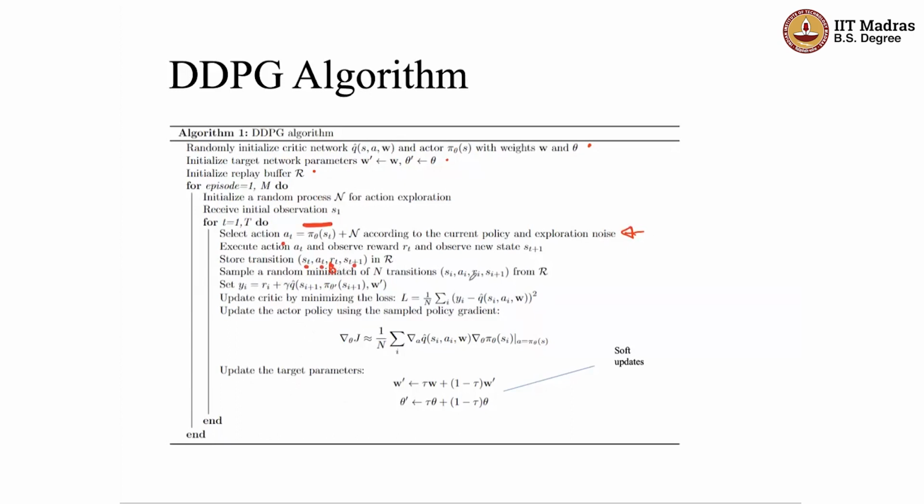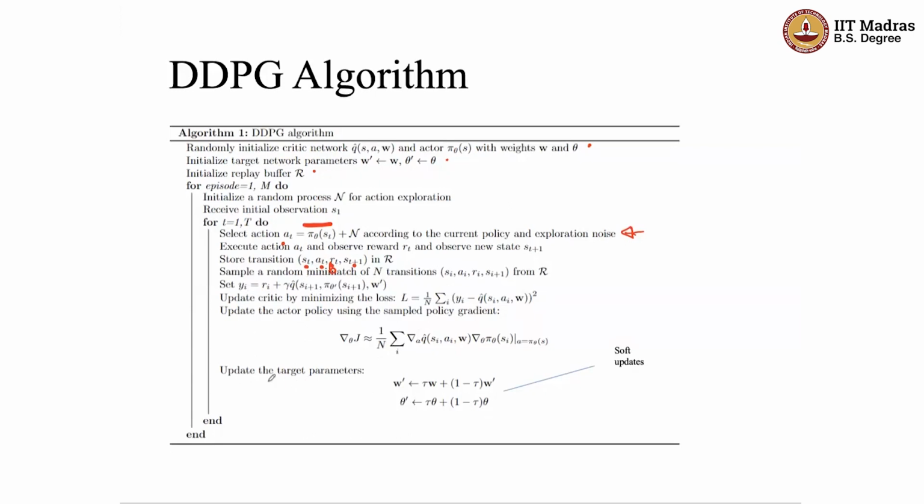And then a random mini batch of transitions. So this is essentially where you are coming to the Q function, and then you set your target to be Q hat of s_i plus 1, pi theta prime of s_i plus 1, w prime, right? Let's unpack what this target is telling us.